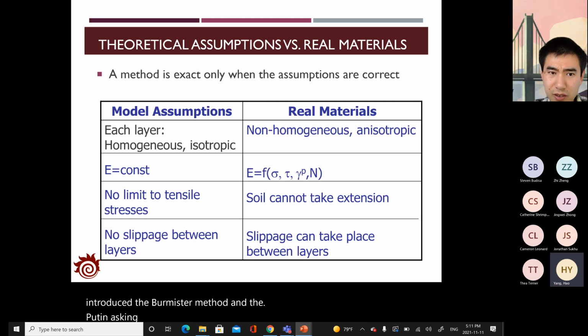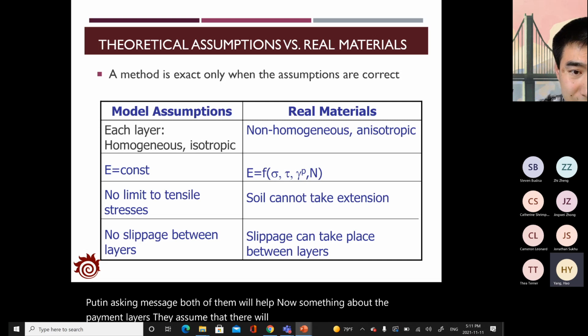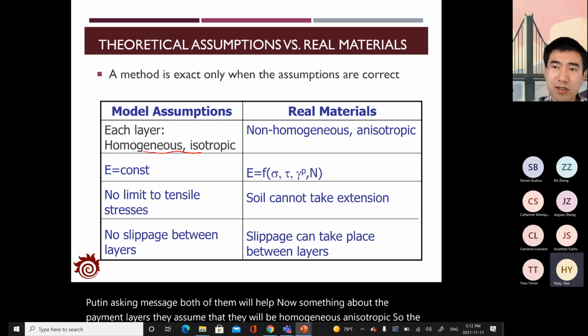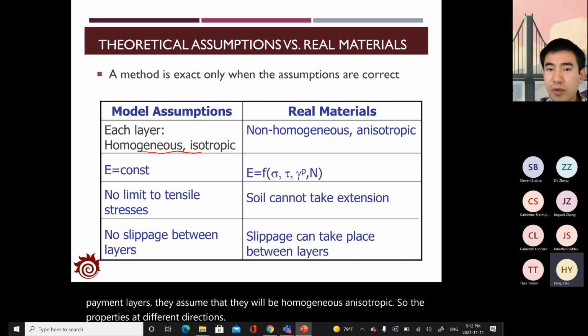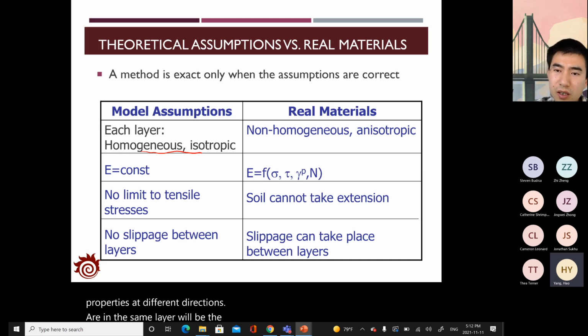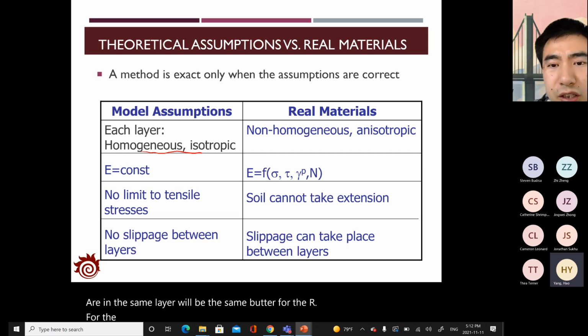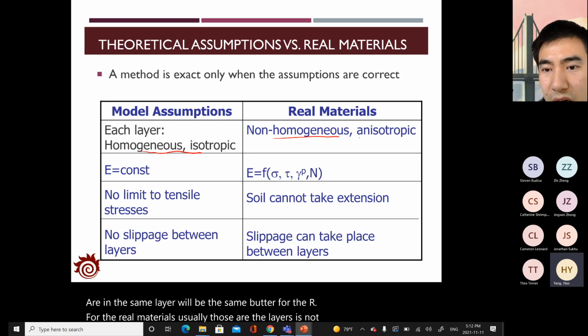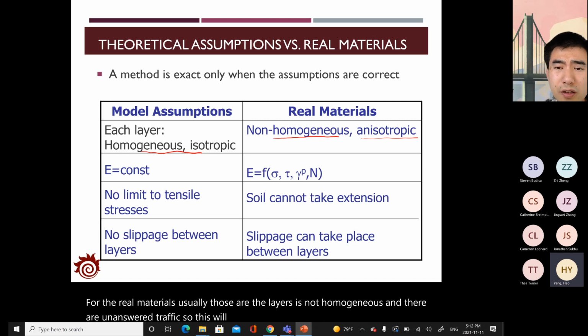Both of them have an assumption about the pavement layers. They assume that they are homogeneous and isotropic, so the properties in different directions in the same layer will be the same. But for real materials, usually the layers are not homogeneous and they are anisotropic. So this will increase the difficulty for you to analyze the stress and strain in reality.